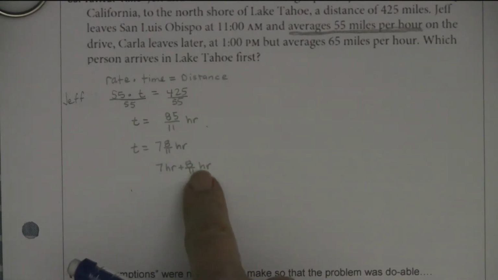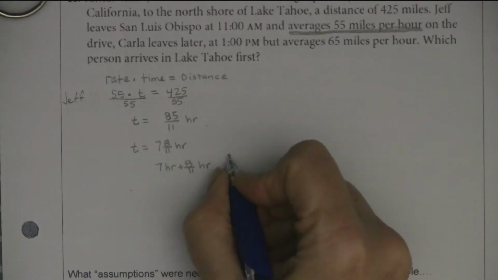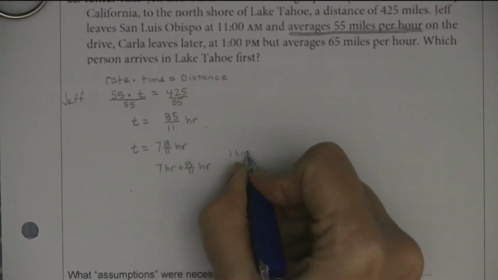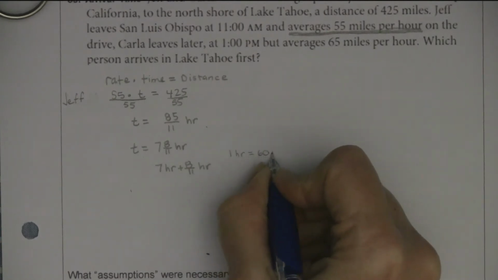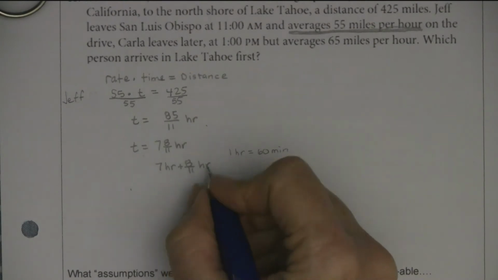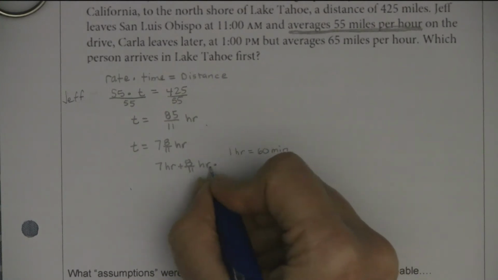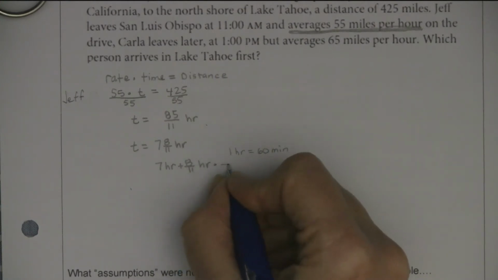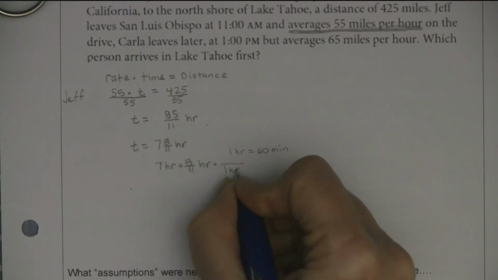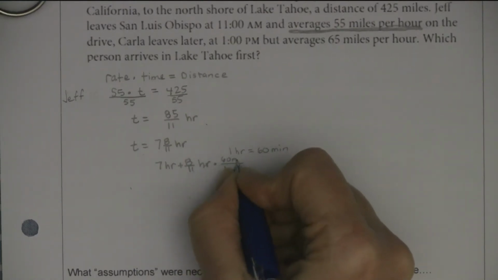Now, if you want to convert this into minutes, you certainly can, because you remember that 1 hour equals 60 minutes. And so if you want to convert 8/11 hours into minutes, you just multiply this by 60 minutes over 1 hour, so that the hours cancel out with each other, and the 60 minutes will be up in the top.